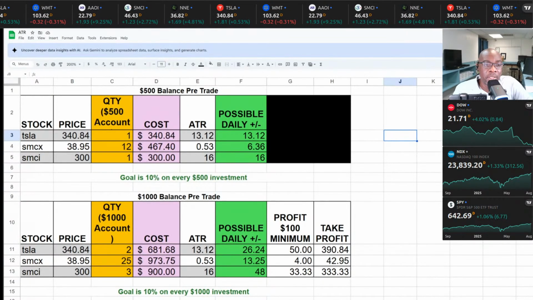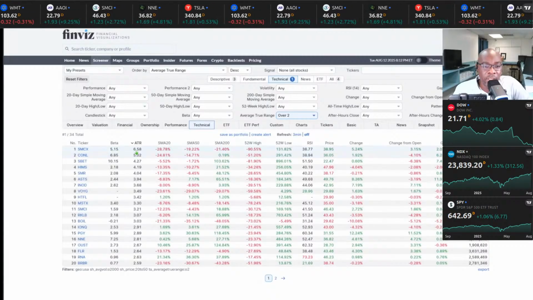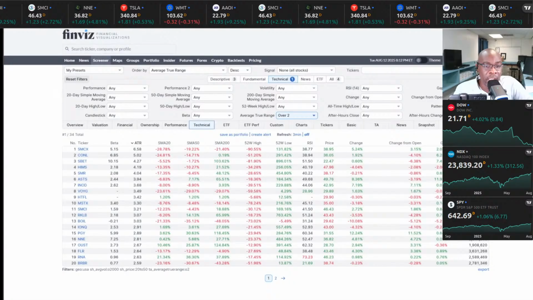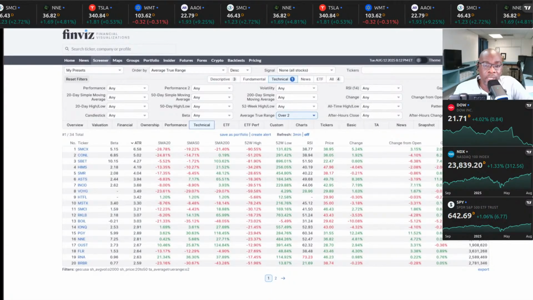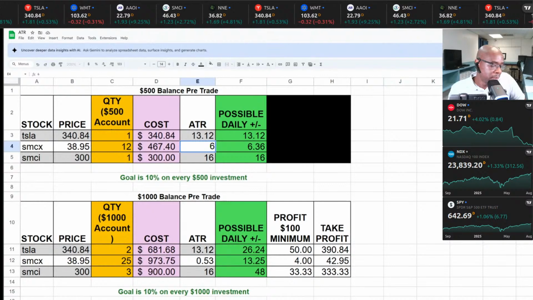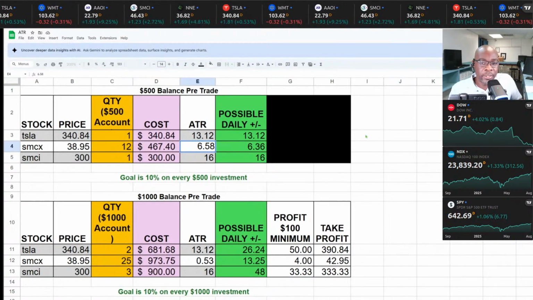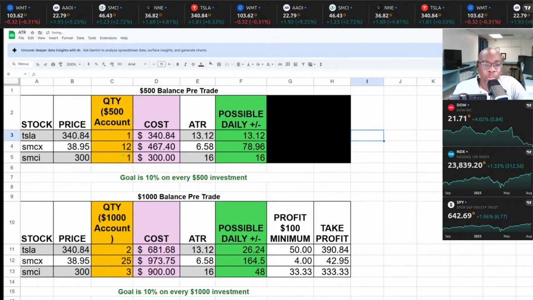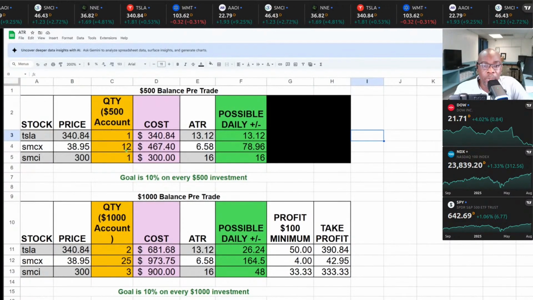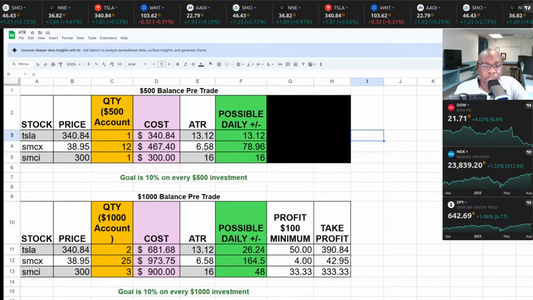Now, this particular stock has an ATR of $6.58, meaning this stock can move up or down $6.58 a day, right? So we take that $6.58, and we put it in right here. Because we have 12 stocks, right? And each one of those 12 stocks could move up or down $6.58.